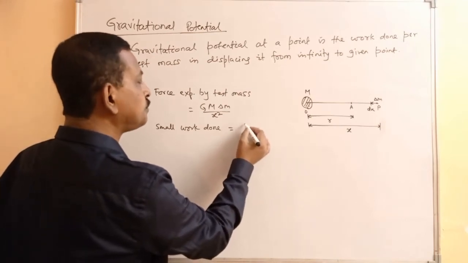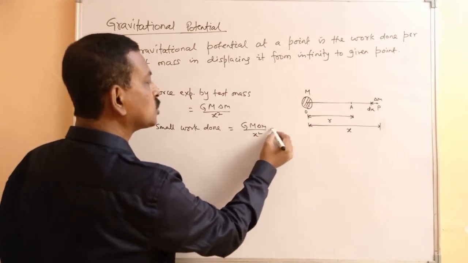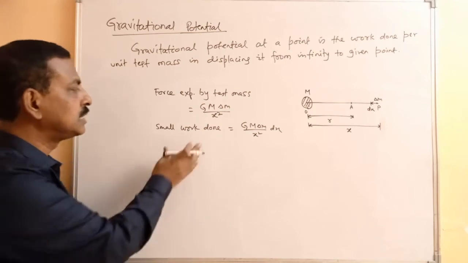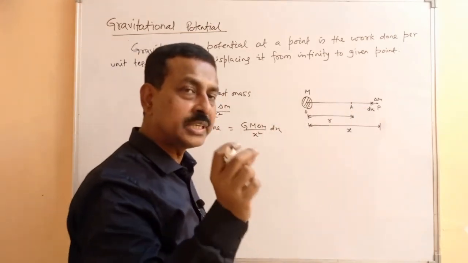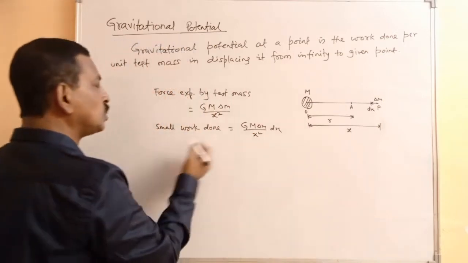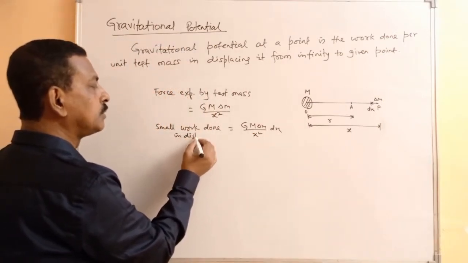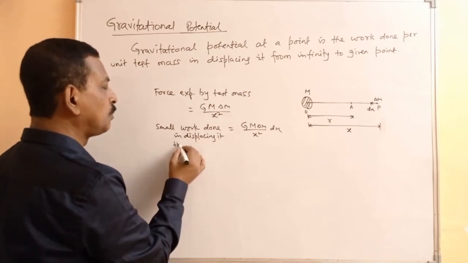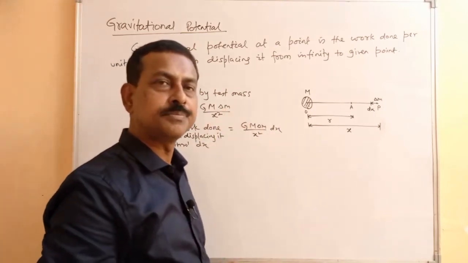It will be GM delta m by x square dx, because it will be F dx. That is the small work done in the displacement through dx.